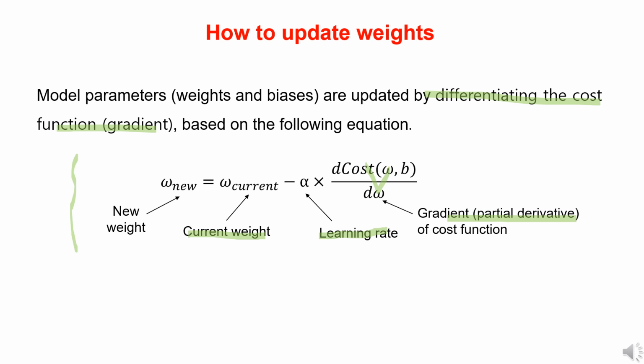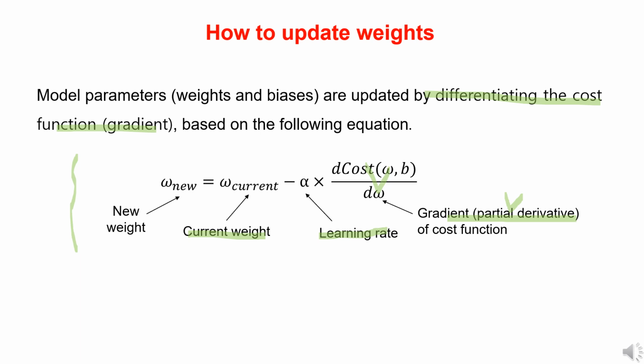By repeating this process, the partial derivative becomes closer to 0, meaning the weights stop changing and eventually settle at fixed values. The formula below shows how a weight, omega, is updated by taking the partial derivative of the cost function with respect to omega.